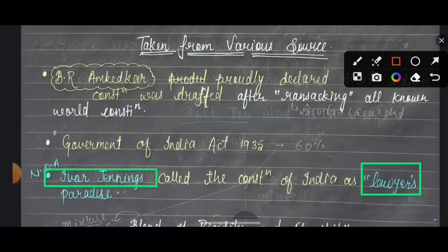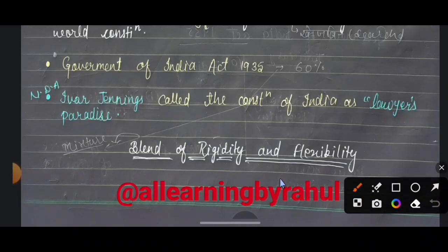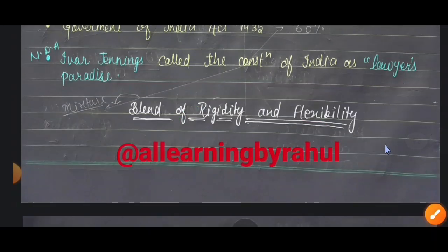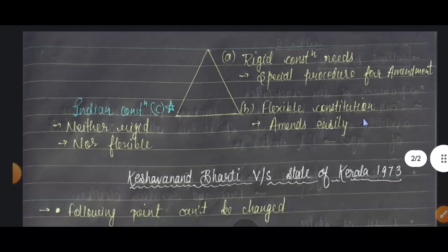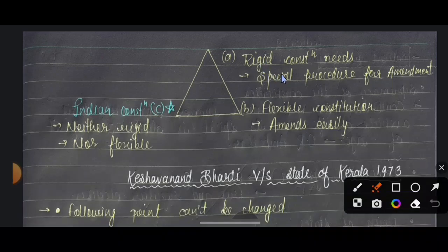Now let's study an important feature of our Indian Constitution, that is rigidity and flexibility in terms of amendment. A rigid constitution needs a special procedure for amendment, and a flexible constitution is one which can be amended easily, without any special procedure.